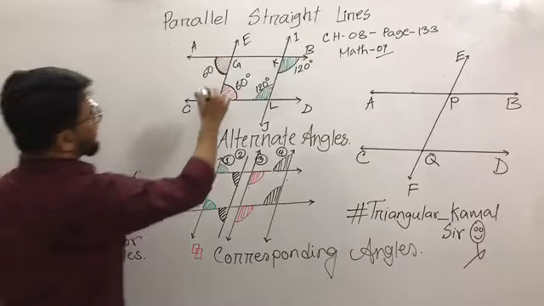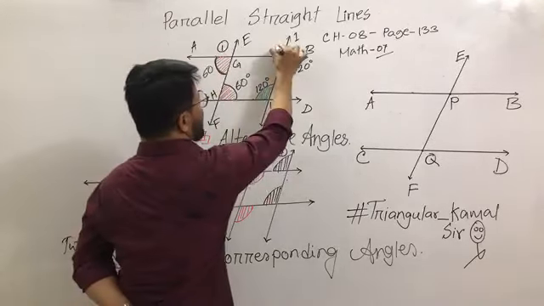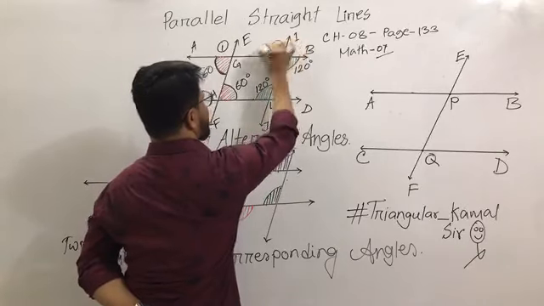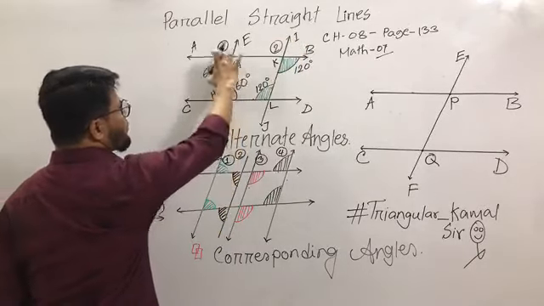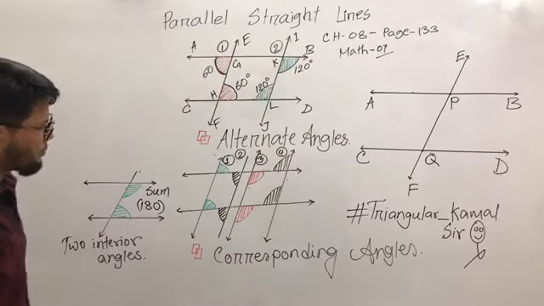So here we see the first pair of angles in red color, and the green color is the second pair of angles. So there are two pairs of alternate angles in parallel lines.